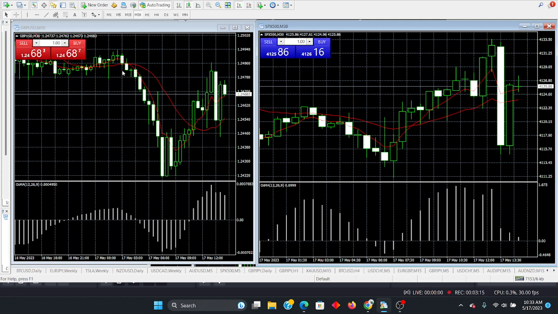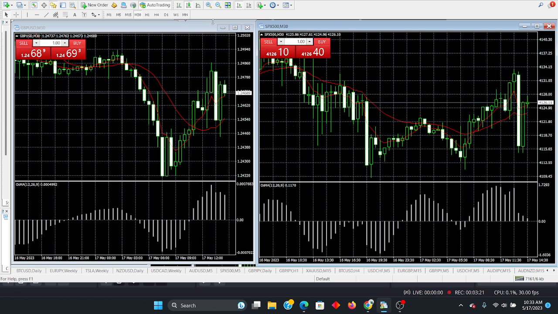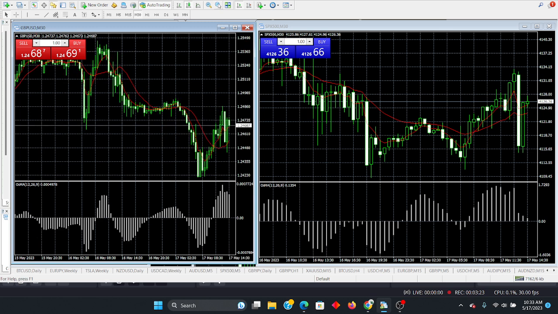So a stop run reversal occurs when we have selling at a particular level. In this case, we had some consolidation. Let's just go back. We had some consolidation here on the pound dollar, and that's around the 24.60 to 25 level to be exact.